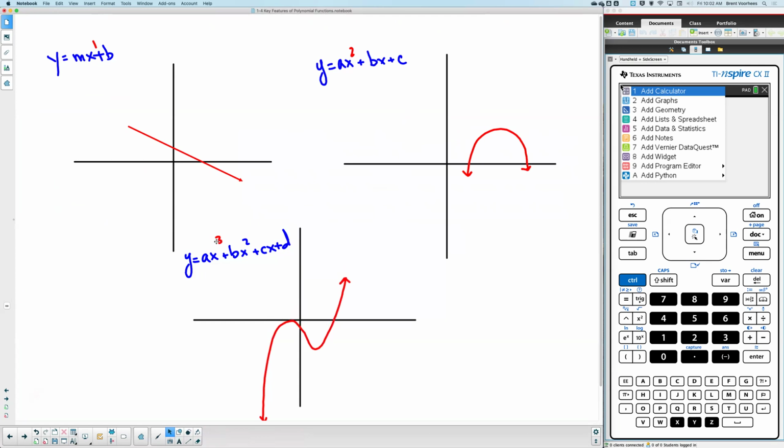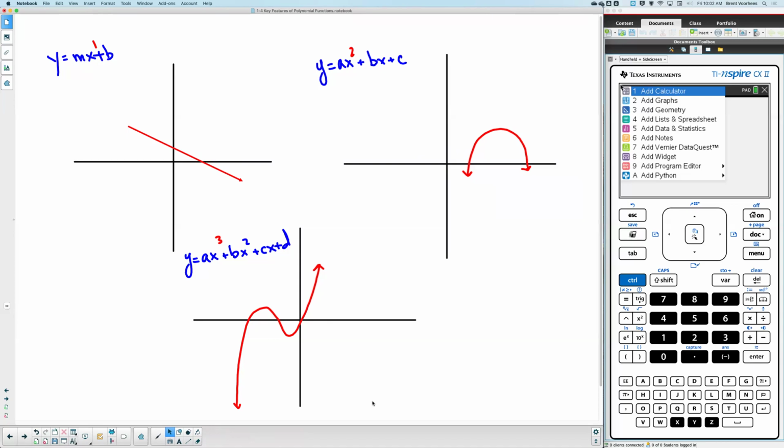So notice it doesn't have to have all of them, but can I ever get to 4? The smallest this could ever have is 1. Odd powers always have at least 1. Even powers don't have to have 1, but odd powers have to have at least 1. Questions over that? Okay, so how many zeros can a function possibly have?